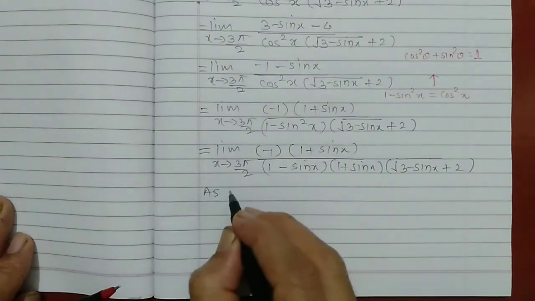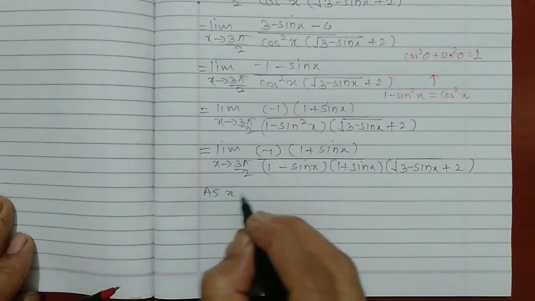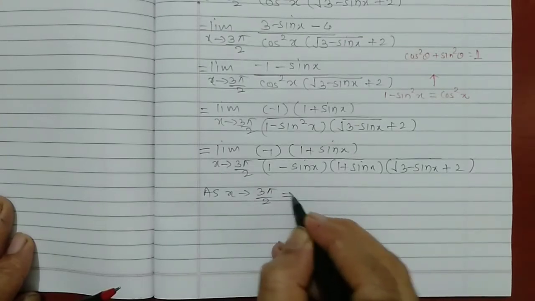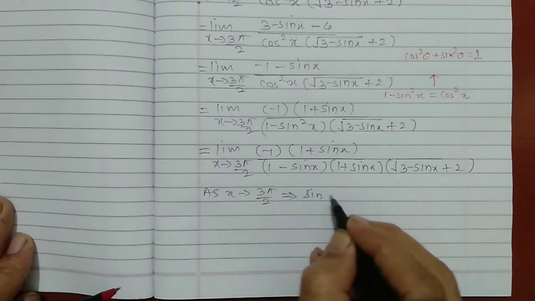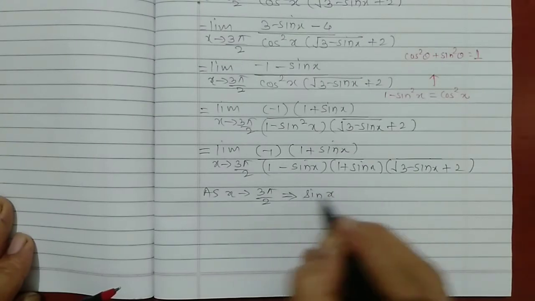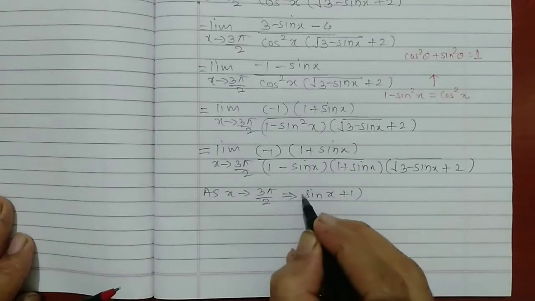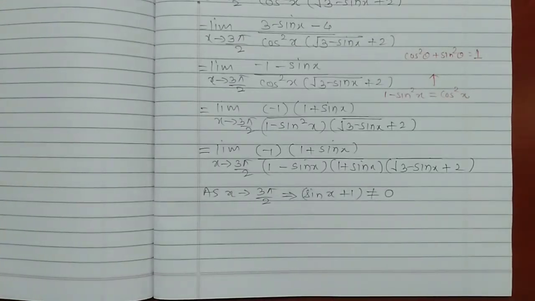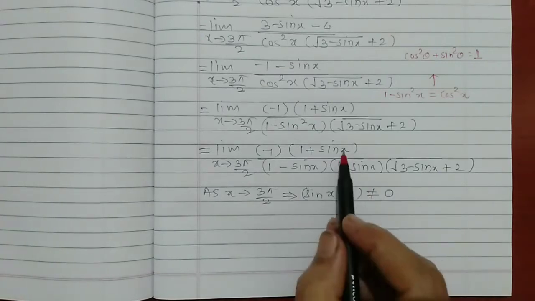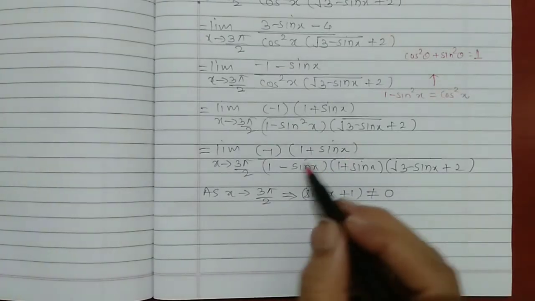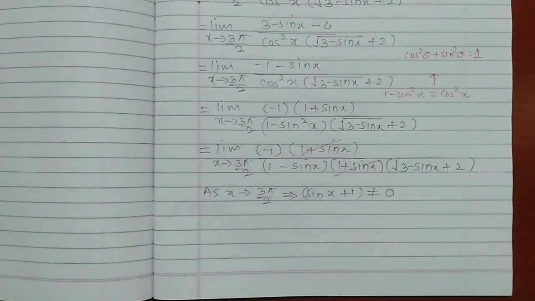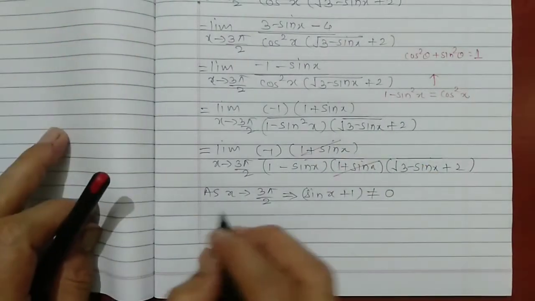Now as x tends to 3 pi by 2, this implies sin x plus 1 is not equal to 0. So if sin x plus 1, that is 1 plus sin x, is not equal to 0, we can cancel it out from numerator and denominator.